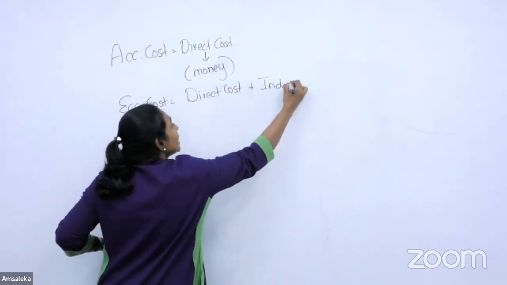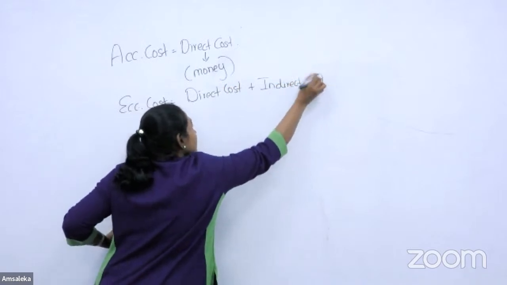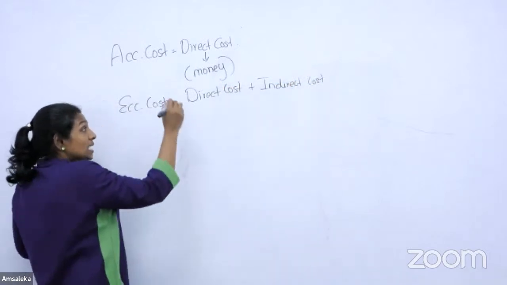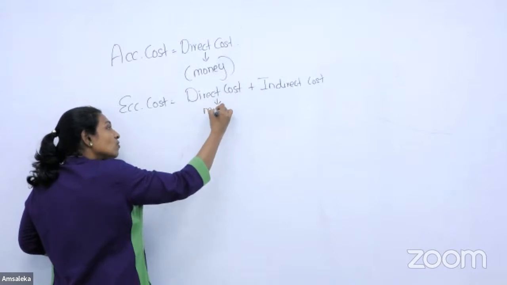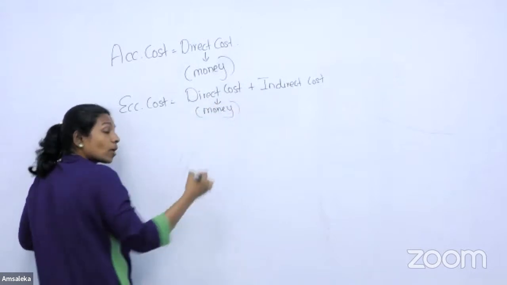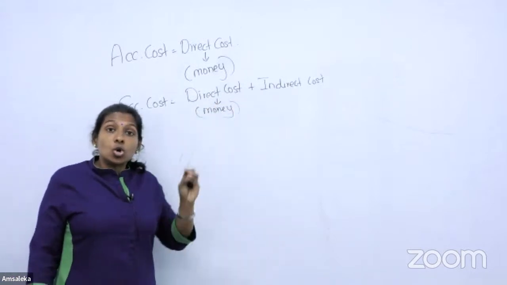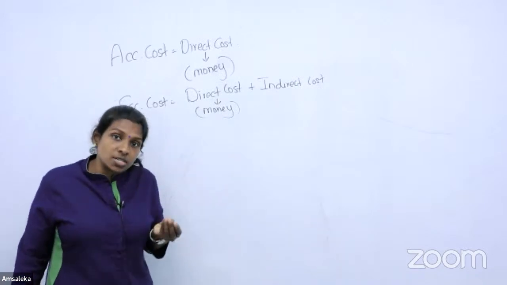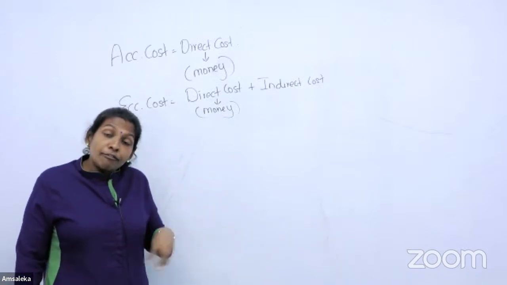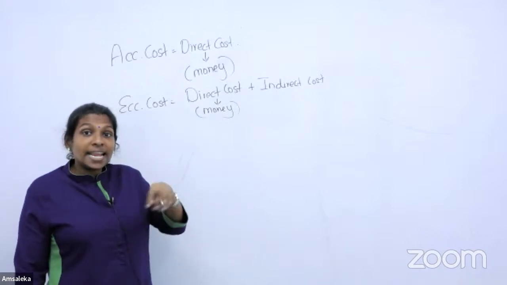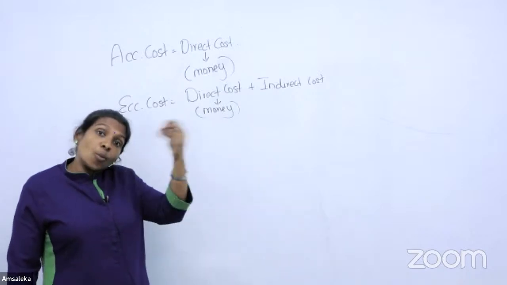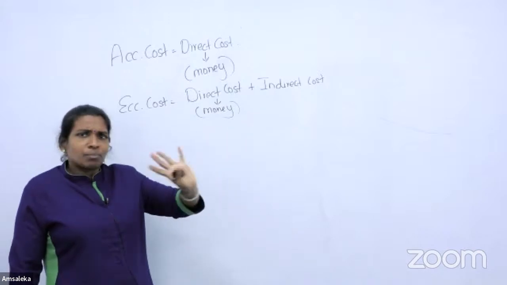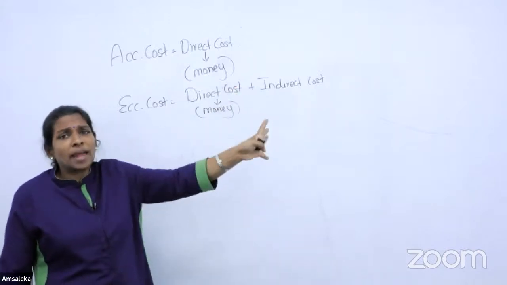Economic cost is not only about direct cost, it is also about indirect cost. Direct cost is money we sacrifice. For example, raw material purchased, fuel purchased, labor wages paid: we pay money.